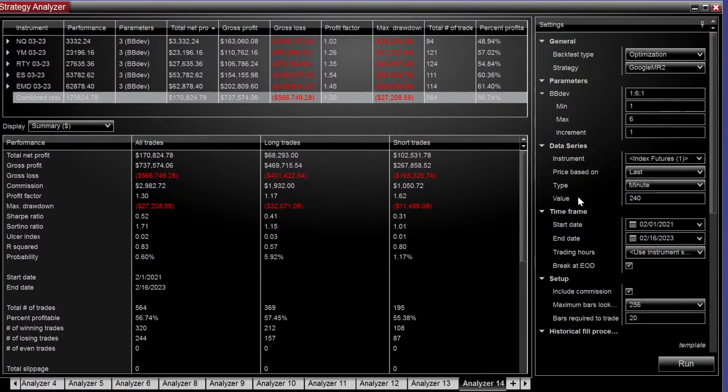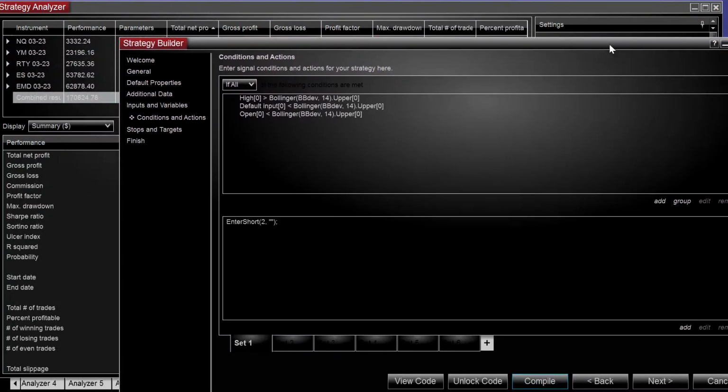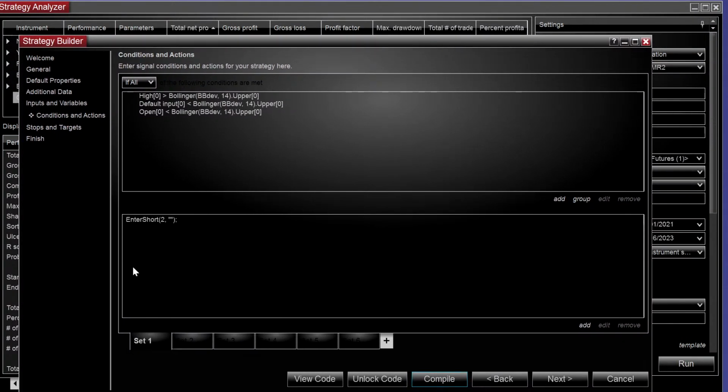Okay. Real quick, I guess we can try out the other trigger. Price crosses beneath the band and not just the wick.